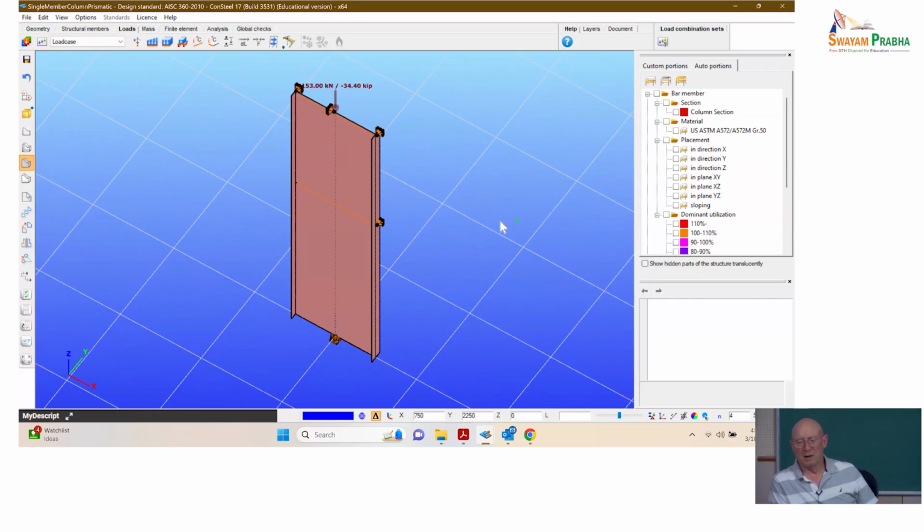That cross section has a total depth of 1,000 millimeters. The web is 5 millimeters thick, and it's doubly symmetric, so you have an h over tw of 200.